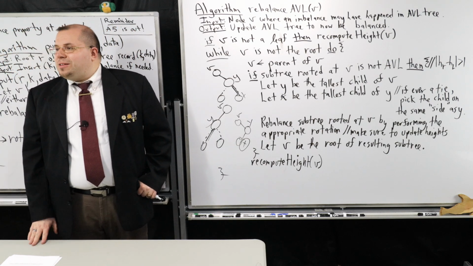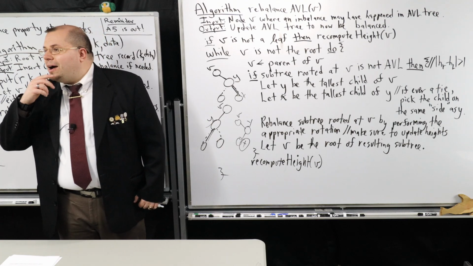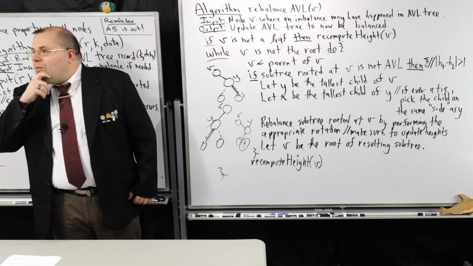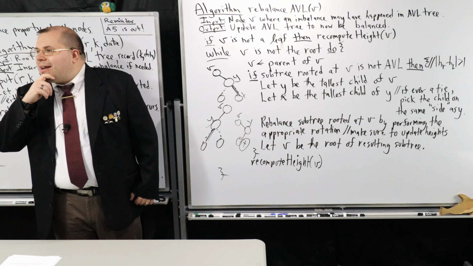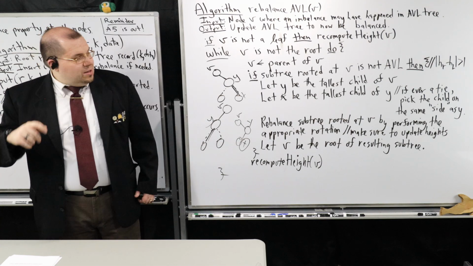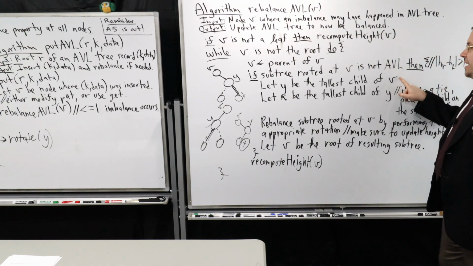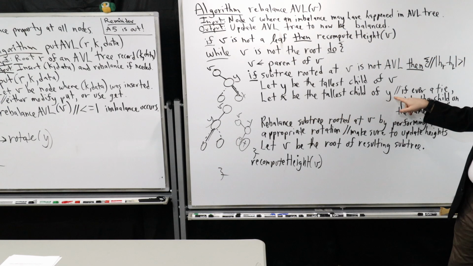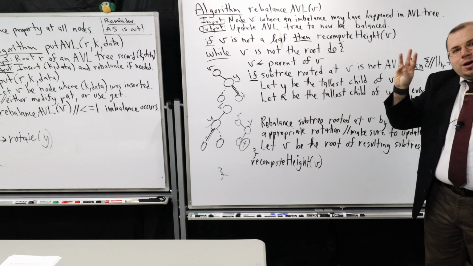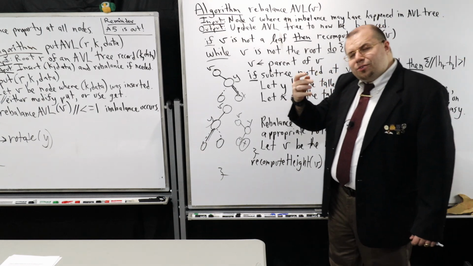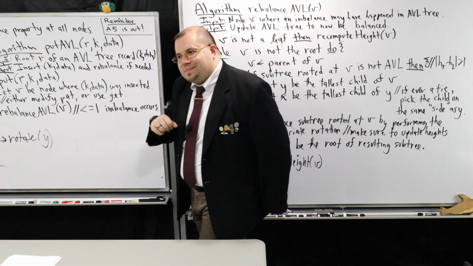Yes, we did talk about recompute height. I'm confused why we made y and x the tallest at the same time? Remember, y is the tallest child of v, then x is the tallest child of y. There are three nodes we're identifying because those three nodes are used for our rotation.